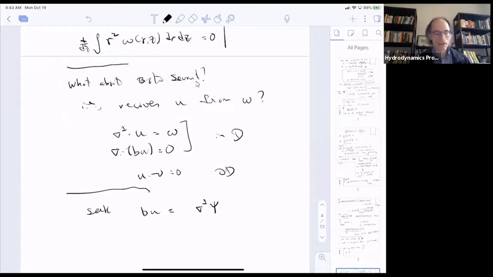So if we take b times u to be the orthogonal gradient of a scalar function psi, then it'll be divergence free in the sense. And my sign convention is I always like to have minus Laplacian when I write the Laplace operator, and so I'll put a minus sign there to achieve that. And then in order for the boundary condition to be satisfied, we saw this before.